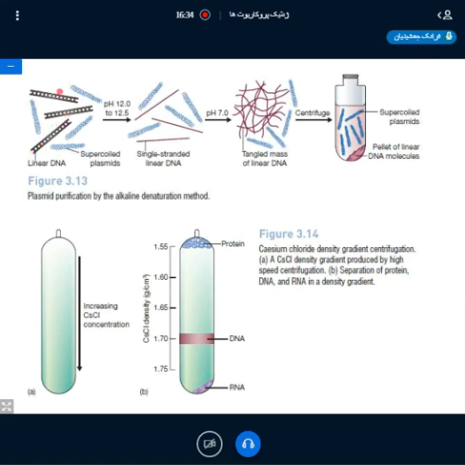They become linear. So what is the linear DNA? The linear DNA is the bacterial chromosome, the bacterial DNA. And what is this supercoil DNA? The supercoils are plasmids, because the plasmids are so small and they remain intact and become supercoil. Okay?